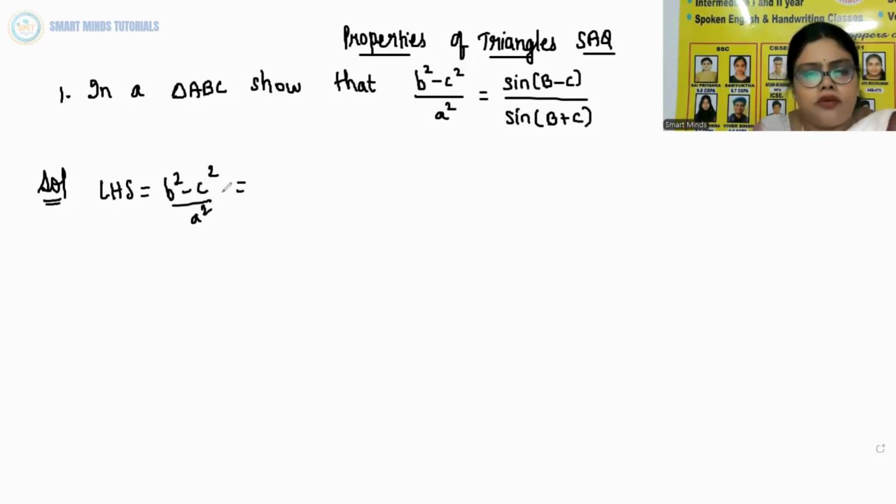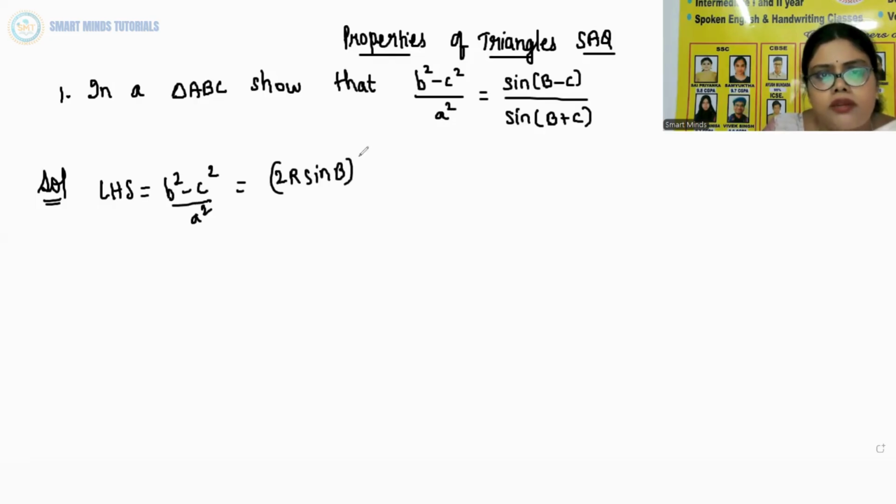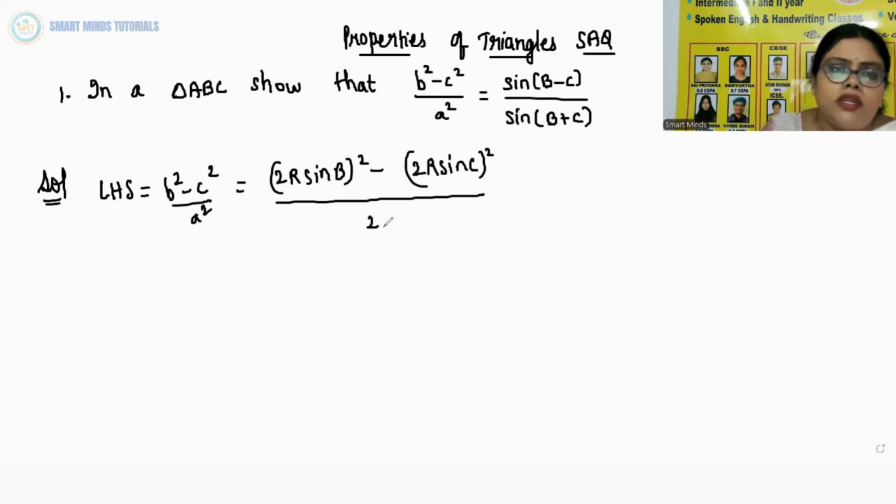Now from sine rule we know that b can be written as (2R sin B) whole square minus (2R sin C) whole square by (2R sin A) whole square. This is from sine rule.